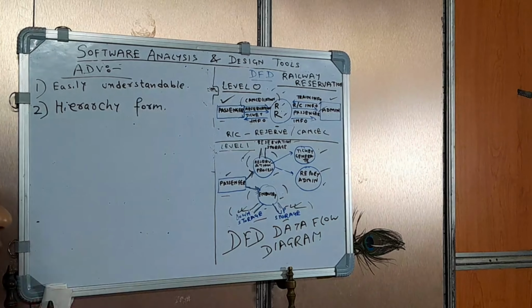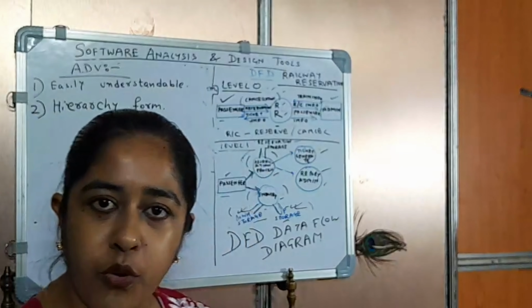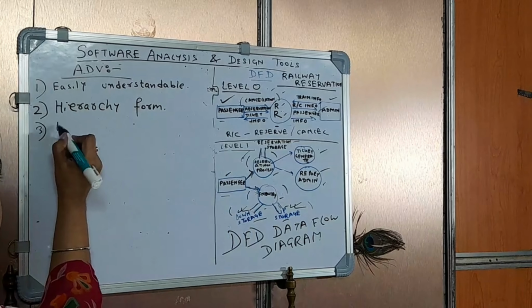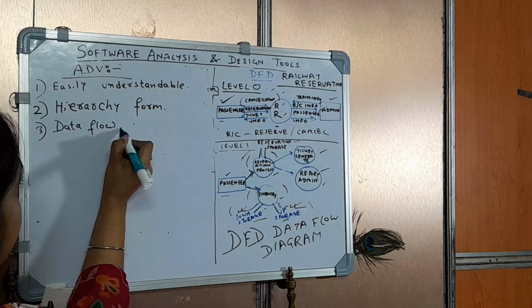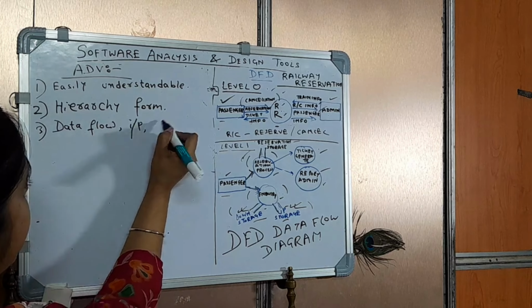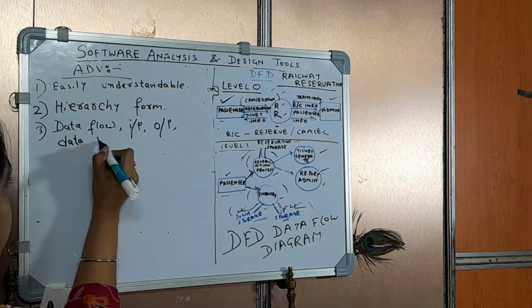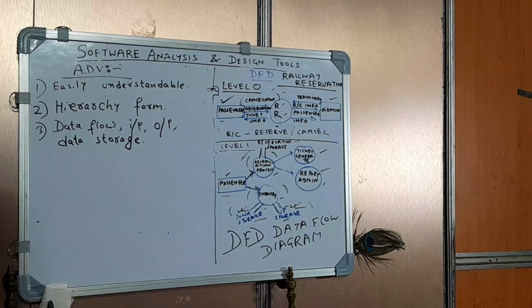So it is very easy to show level by level. You can show the data flow very easily. It is giving you the information of data flow, not only data flow, but your input data, output data, as well as the data storage. You are getting every information from this DFD.